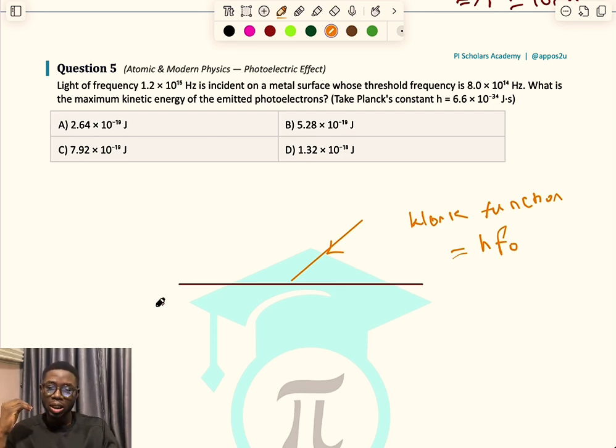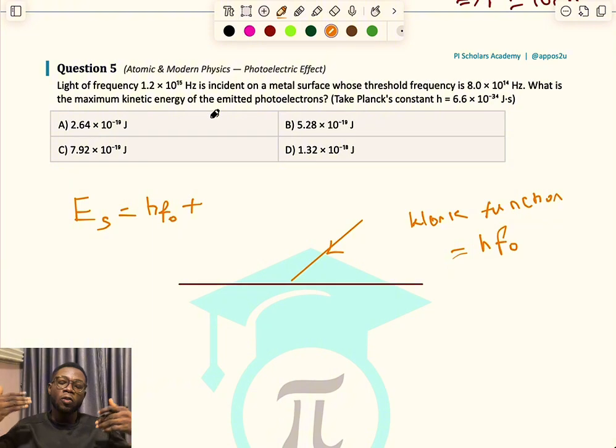So if you are supplying a form of energy into the system, let's call the energy supplied ES. If this ES is going to liberate electrons from the surface of the metal, it must first cater for the work function. So that is the product of h f naught, plus, if you now begin to emit electrons from the surface of the metal, the energy that the electron will possess is kinetic energy.